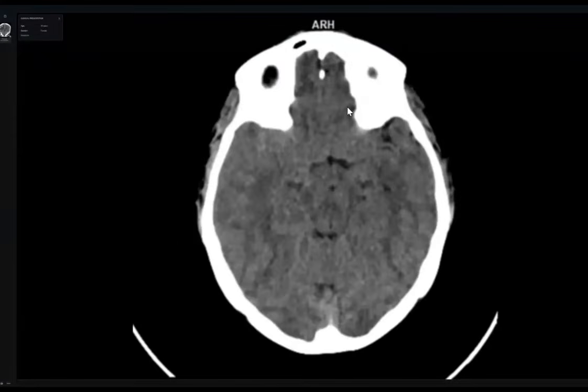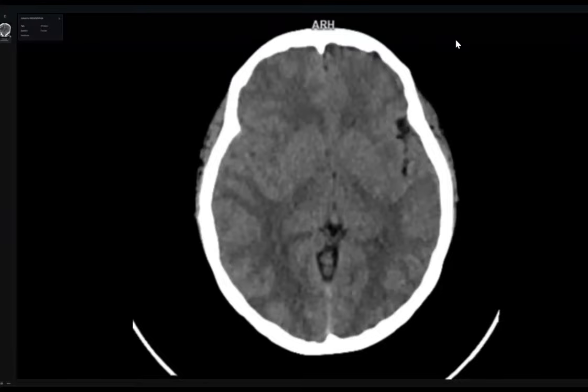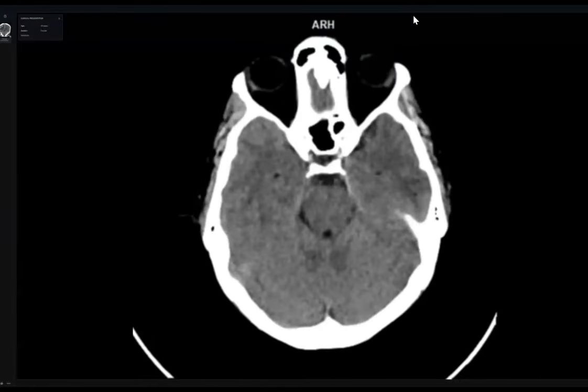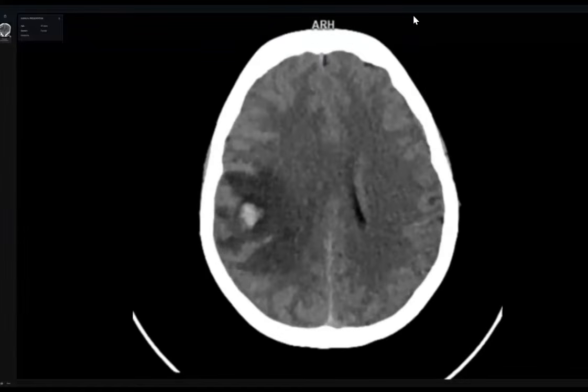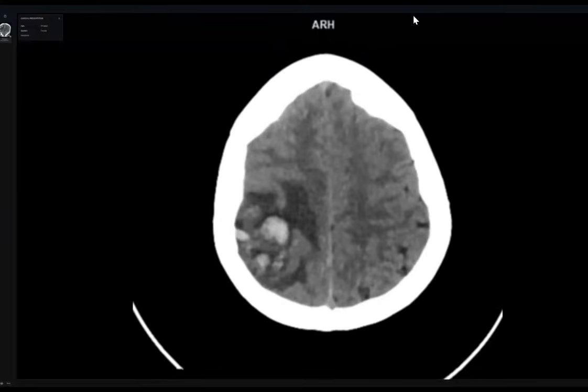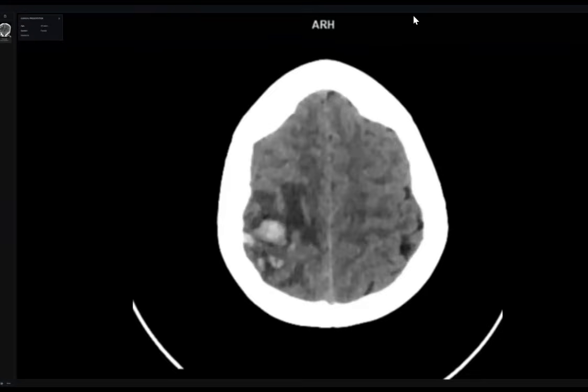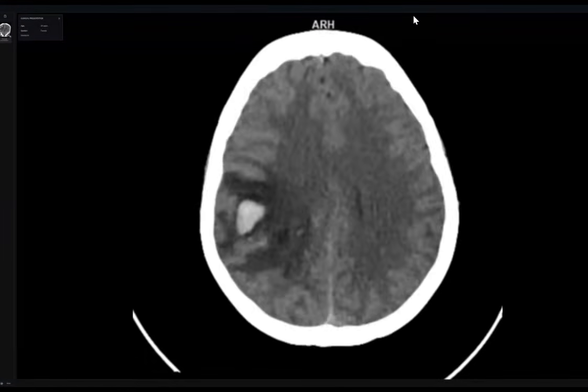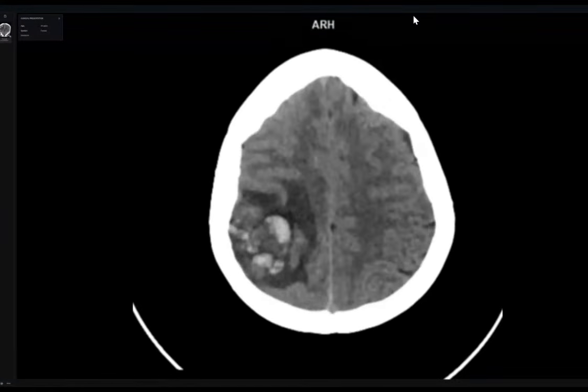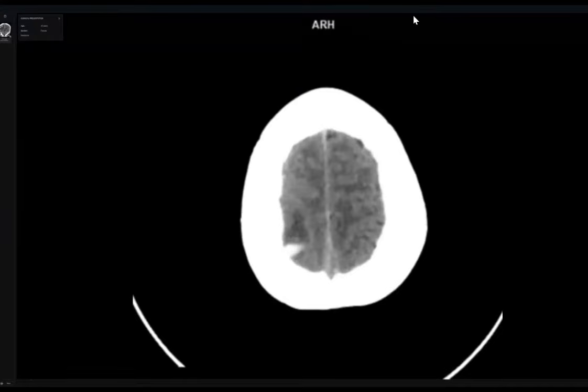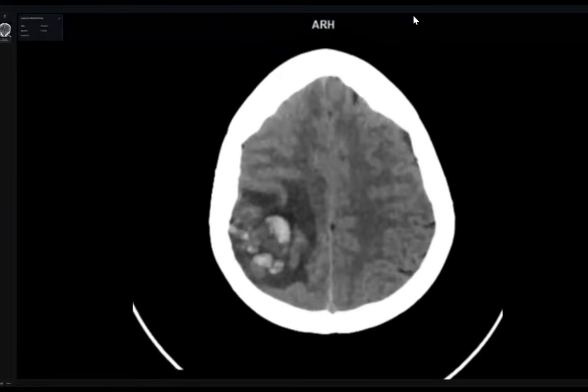It's stuck on my screen. Okay, so again, a hyperdense serpentine structure at the left frontoparietal region with surrounding edema. I don't see any shift of midline structures.